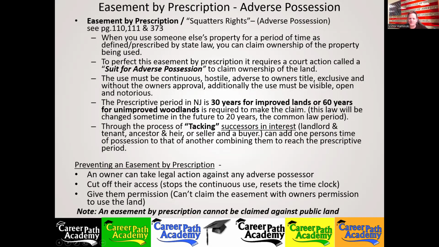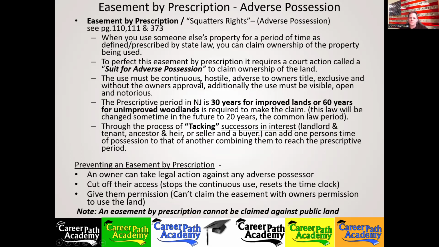Either one is fine. The whole idea is the lawsuit, the purpose of the lawsuit is to prove your claims so that you can claim the ownership. Just because you use somebody's property for a period of time as defined by law does not automatically make you the owner. You have to file that claim.